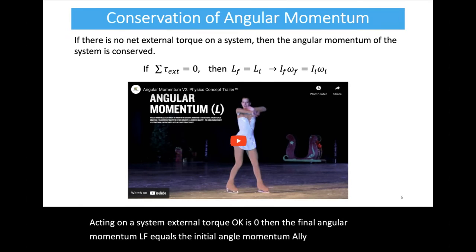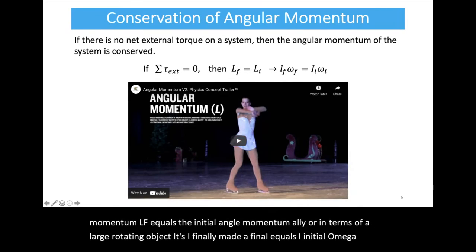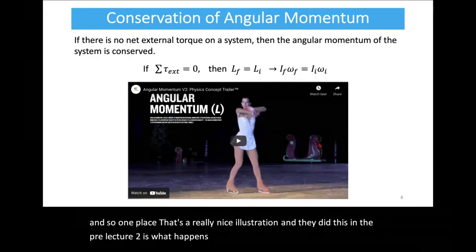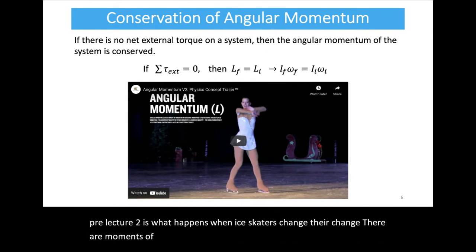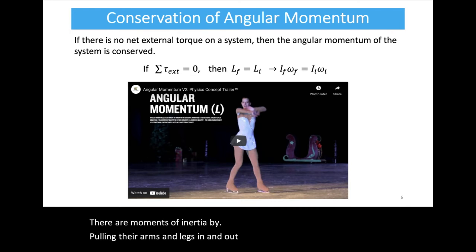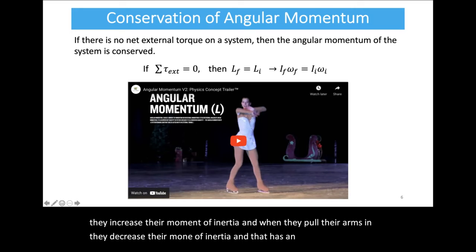Or in terms of a large rotating object, it's I final omega final equals I initial omega initial. One really nice illustration, and they did this in the pre-lecture too, is what happens when ice skaters change their moments of inertia by pulling their arms and legs in and out. When they put their arms out, they increase their moment of inertia, and when they pull their arms in, they decrease their moment of inertia, and that has an impact on their angular velocity.